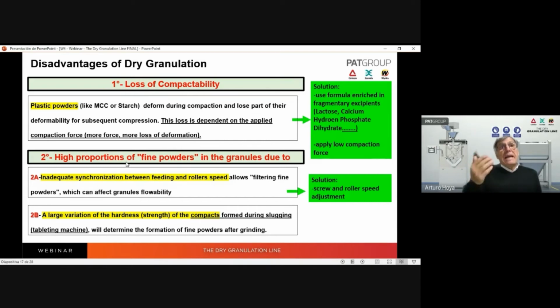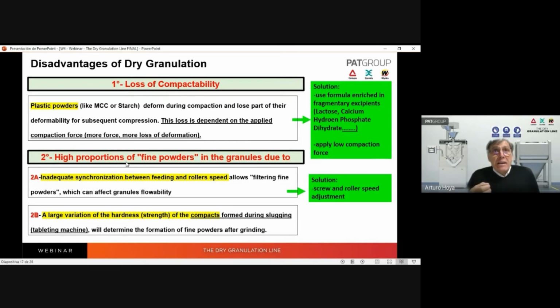Because when the die is filled with a large amount of powder, the pressure will be higher, and the tablet will have a big hardness.